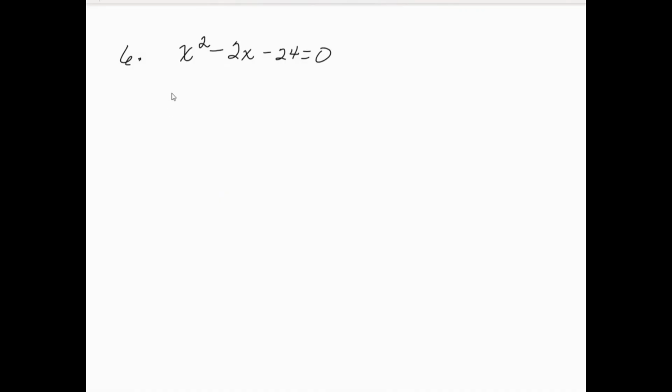Okay, problem 6. Again, I have a simple quadratic because there's an understood coefficient of 1 up here for my leading coefficient. So if this can be factored, it's going to be factored into something that looks like this with two binomials. Here I want numbers that multiply to give me -24 and add to give me 2. So I can come over here and make a table of factor pairs. All these sets of numbers are multiplying to give me 24.